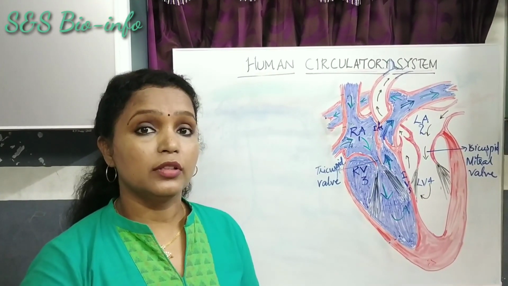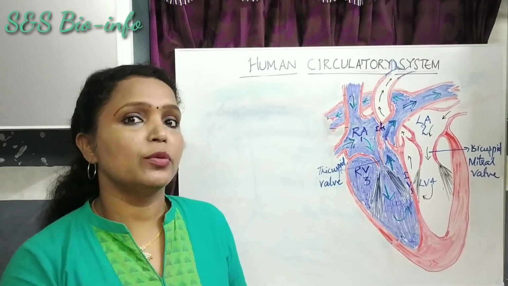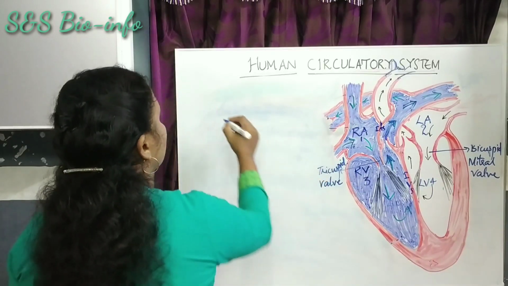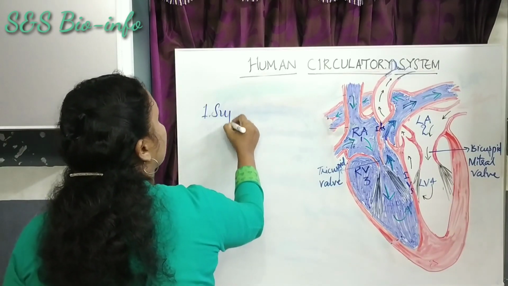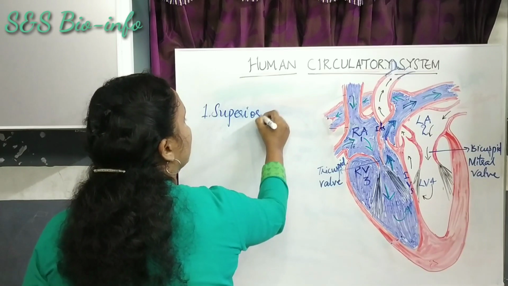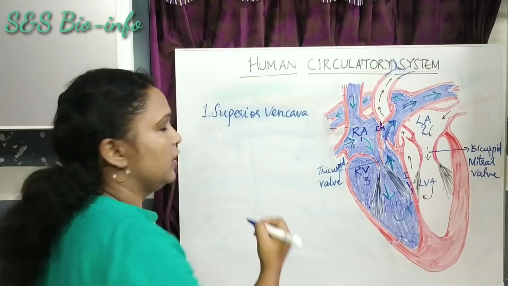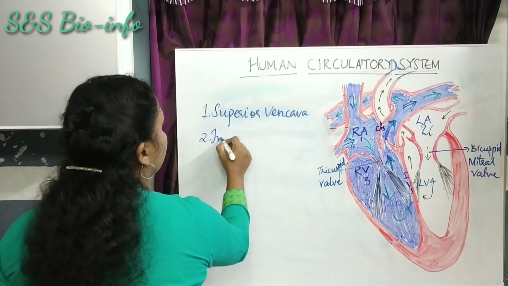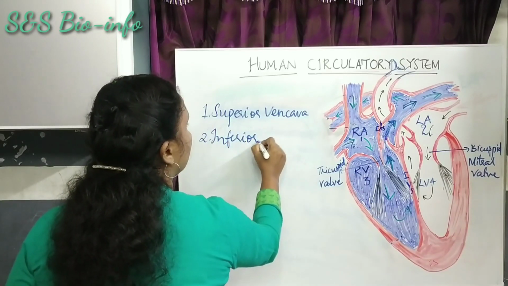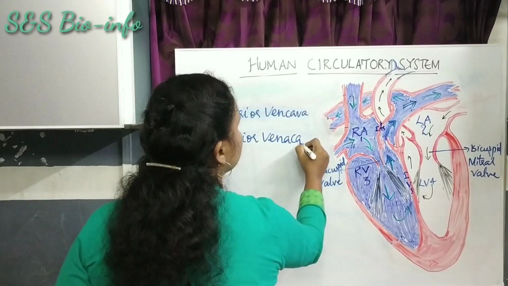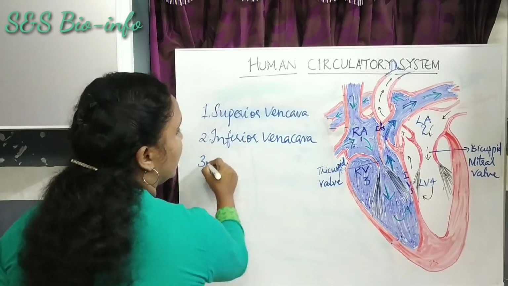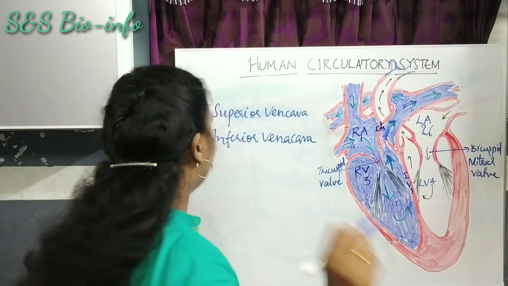Next one is about the associated blood vessels of the human heart. They are, number 1, superior vena cava. Second one, inferior vena cava. Then third one, pulmonary aorta.